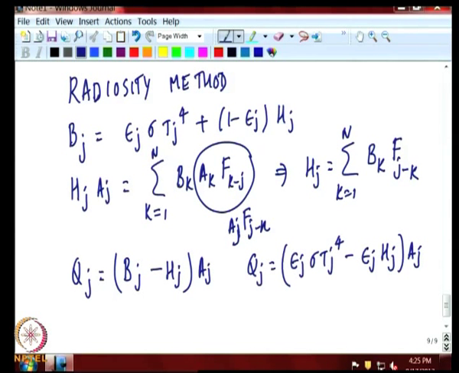Now, what we would like to do is essentially eliminate irradiation from all this expression, because that is an unknown quantity. So, write everything in terms of radiosity. That we can do by eliminating Hj from this equation.